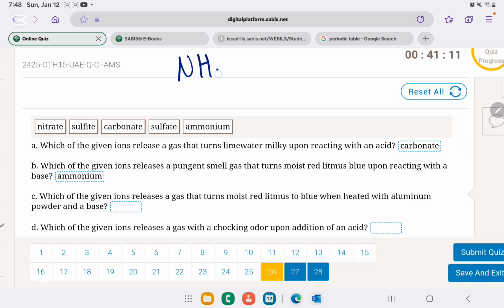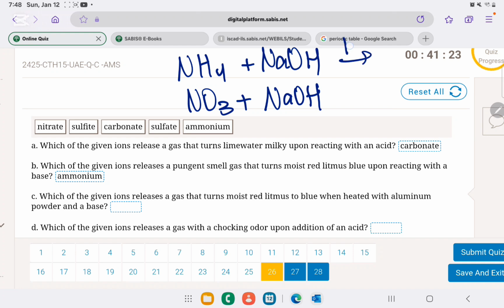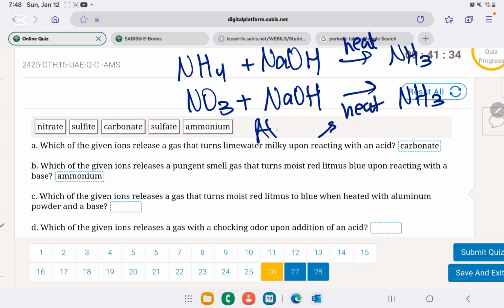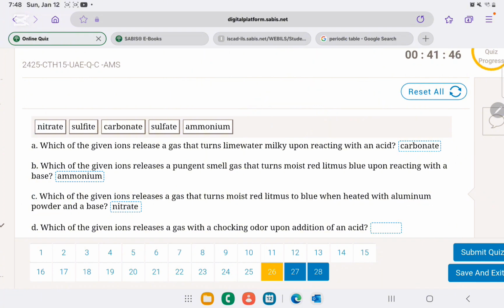Both NH4 and NO3, when they react with NaOH and heat, both of them release NH3. But the main difference is that NO3 needs a catalyst, which is aluminium powder. So if they don't say that they added aluminium powder, it's gonna be NH4. But here, since they said they added aluminium powder in part C, it's NO3, so nitrate.